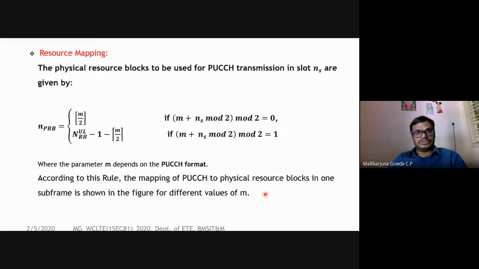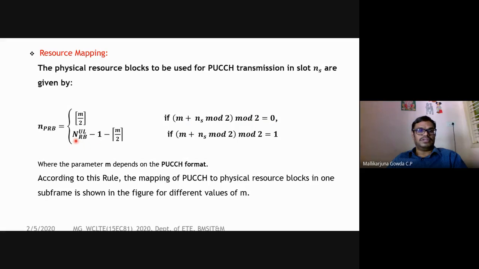The physical resource blocks, the PRBs, to be used for the physical uplink control channel transmission in slot n_s, where n_s is the index, are given by this formula. The number of physical resource blocks is equal to m/2 if the value of (m + n_s mod 2) mod 2 is equal to 0.